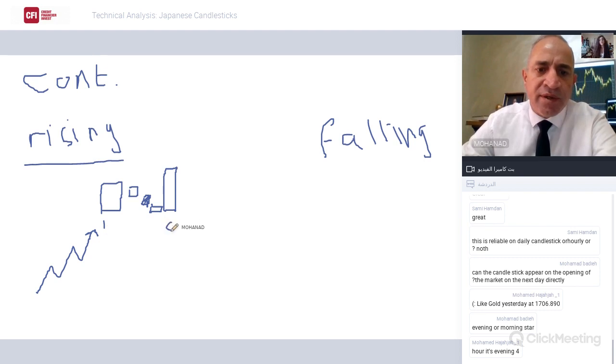Candle number 5 should close higher than the close of the first one.